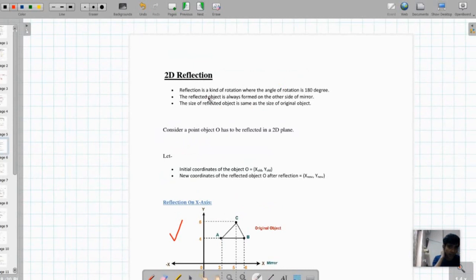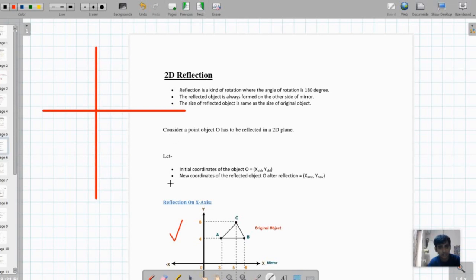Reflection is a kind of rotation where the angle of rotation is 180 degrees. I hope it makes some sense to you. If it doesn't, just observe this discussion. Say you have a point object x here. Now, if you reflect this point x with respect to the y-axis, the reflected point will be somewhere here, x dash.